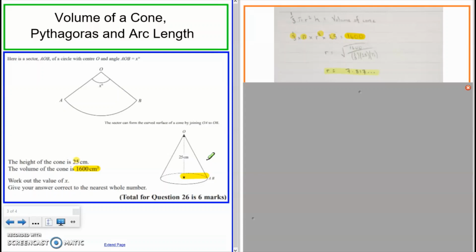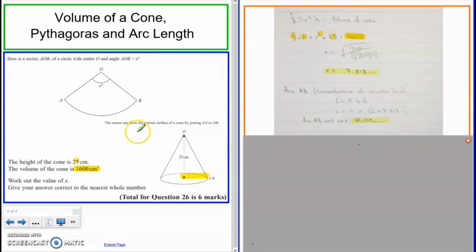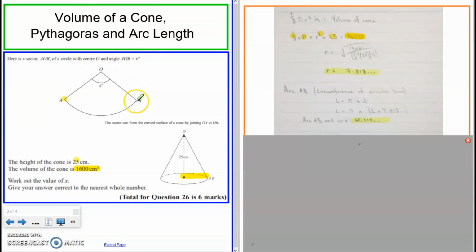The next thing I'm going to try and calculate is this arc length here, which is quite difficult to visualize. But if you read the question, it does state that the sector can form a curved surface, which means this A is twisted around to touch B. If we visualize that, this curved line produces the whole circular base here.